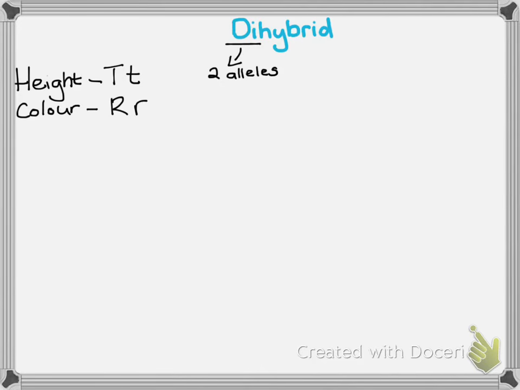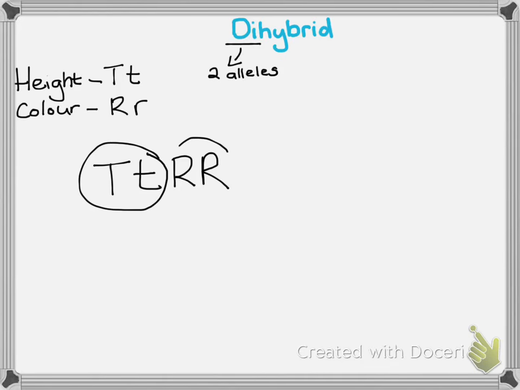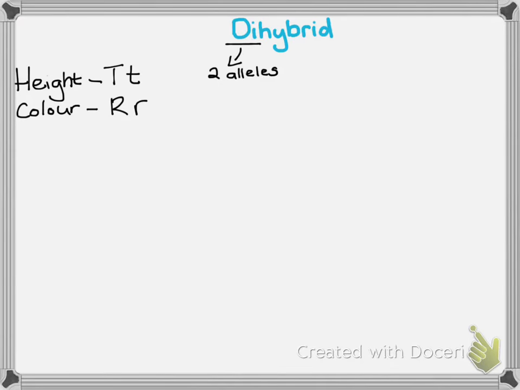Except this time, you are not going to write down just one set of letters, for example, a big and a small letter. Instead, you are going to need to include two sets of alleles. And that's what makes it a dihybrid. You have a set of alleles for the height, and you have a set of alleles for the color.